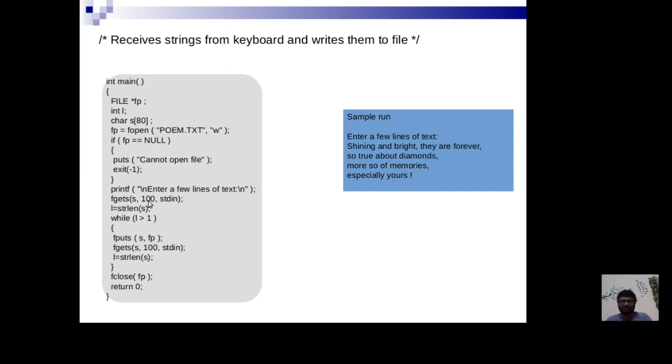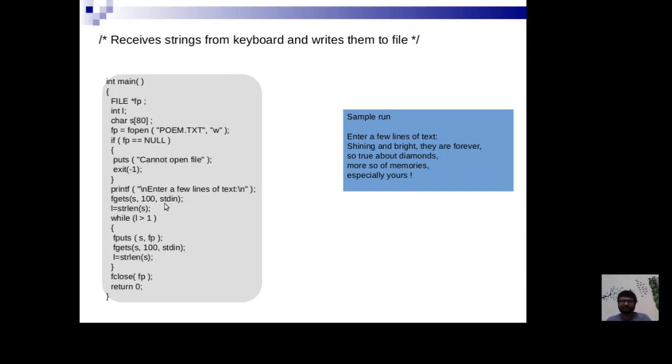We are going to assume that the user will enter a string that has at most 79 characters. We'll have to reserve one position for the null. And stdin stands for the standard input. So we are connecting fgets to the standard input stream. So fgets will fetch lines that are entered through the keyboard.